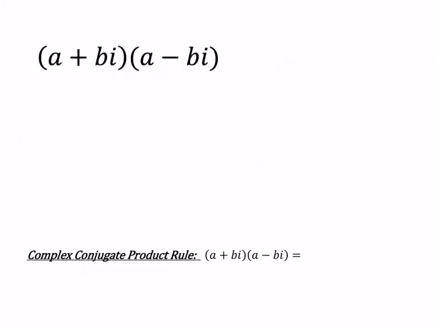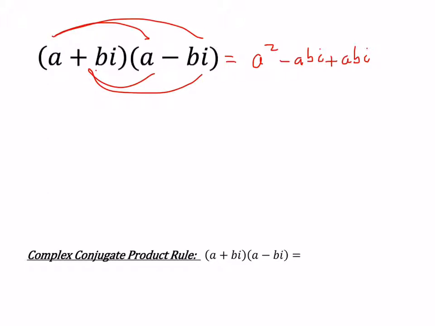Now let's generalize this thing we saw just a moment ago with the 2 and the 3s. So we have a times a, that's a squared, a times -bi is -abi, plus abi, and -b squared i squared.